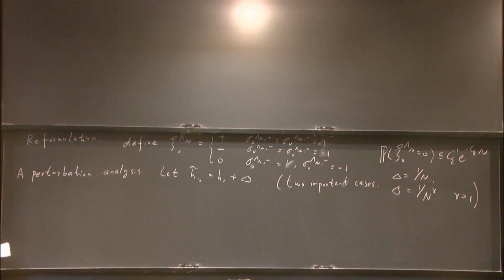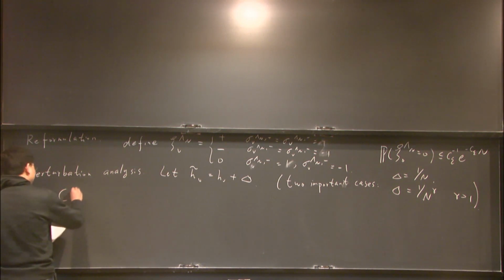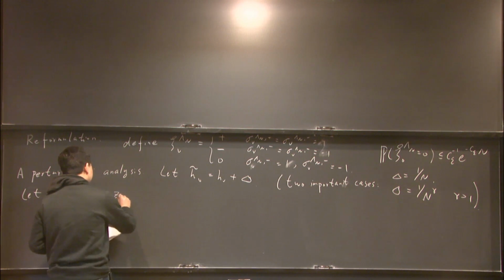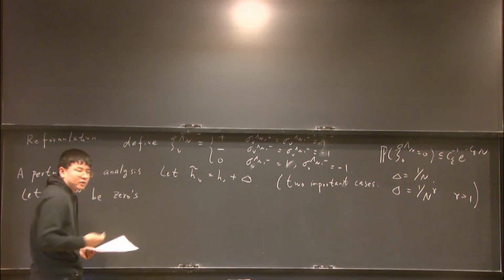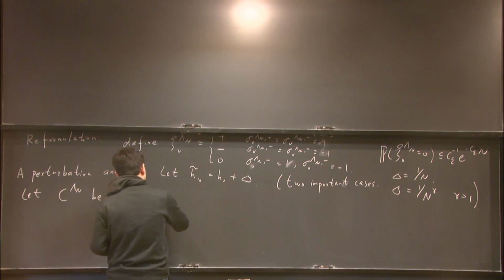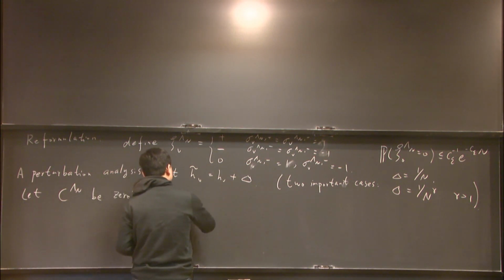Now, before I present the perturbation lemma, we need some notations. Let C lambda n be the zeros with respect to the Kc values, and this is with respect to the field HV.